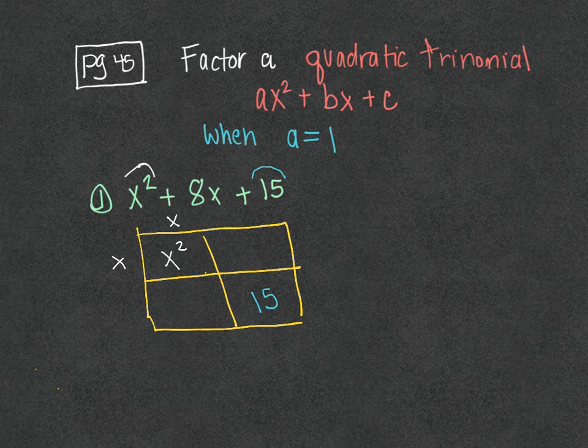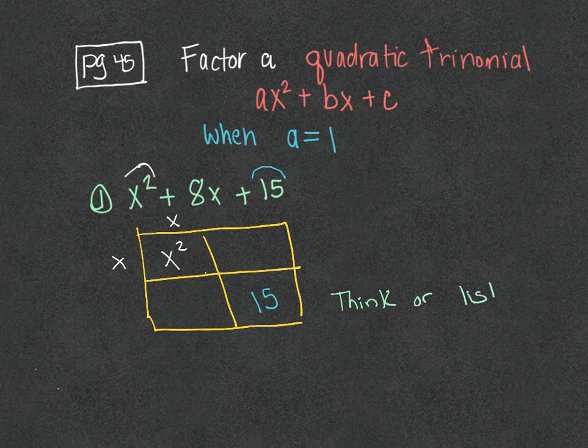Now, I'm going to look at the other number that I have in the bottom right-hand corner, which happens to be a 15. And I'm going to list out the factors of that number. So the factors of 15 are 1 times 15 and 3 times 5.